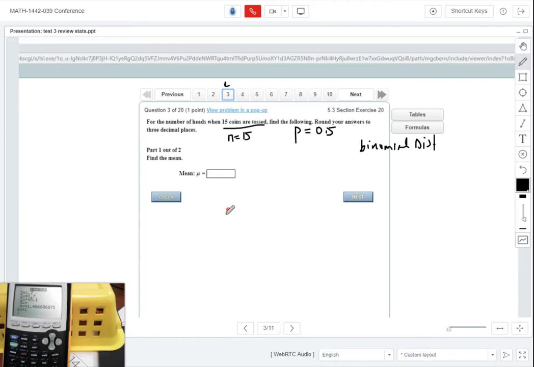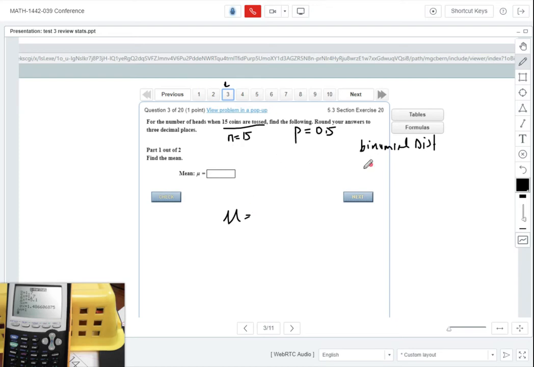And to find the mean for binomial distribution in your online workbook, if you ever follow along, let me look, I think it's page 137. No, I don't know. I don't have the page in front of me. It shows you all the formulas for mean, standard deviation, and variance.